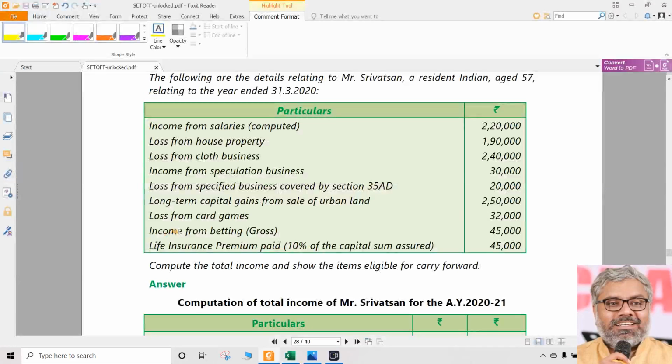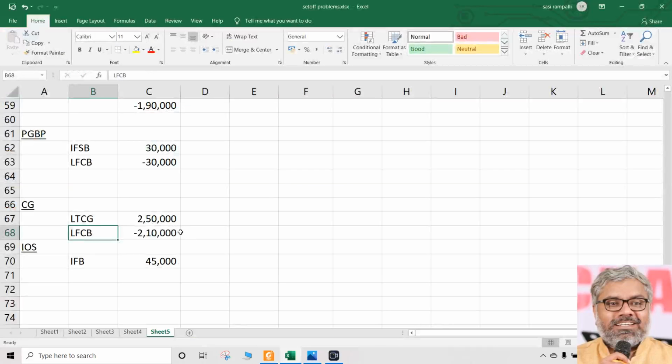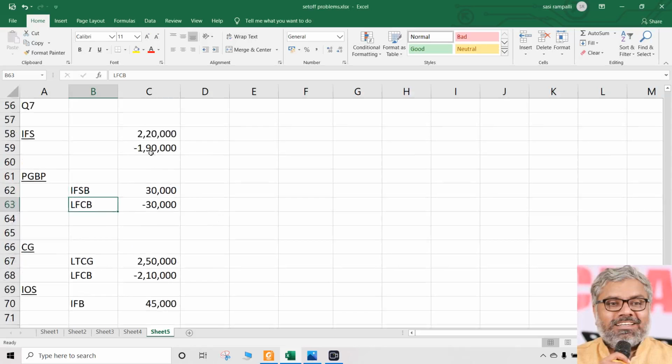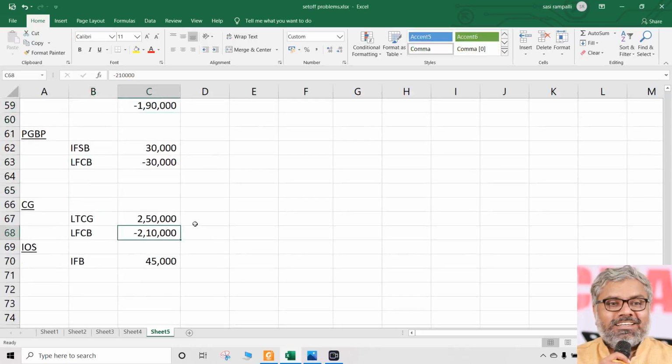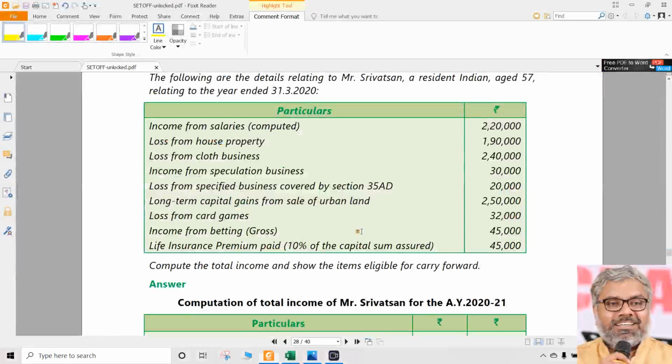Long-term capital loss cannot be set off against anything other than long-term capital gains, but anything else can be set off against long-term capital gain. Business loss cannot be set off against salaries, but it can be set off against any other head of income. So the restriction is on the losses, not on the gain. So long-term capital gain can be used to set off the business loss, in this case 2,10,000.